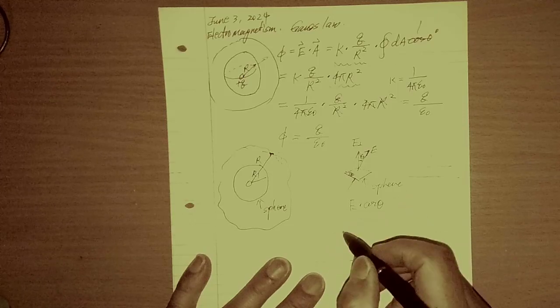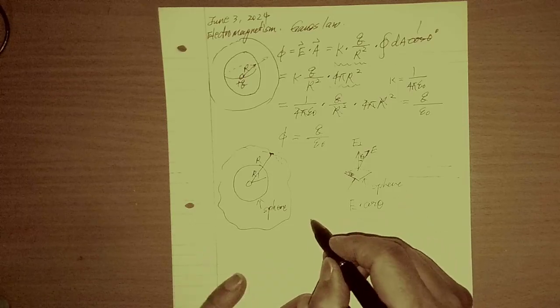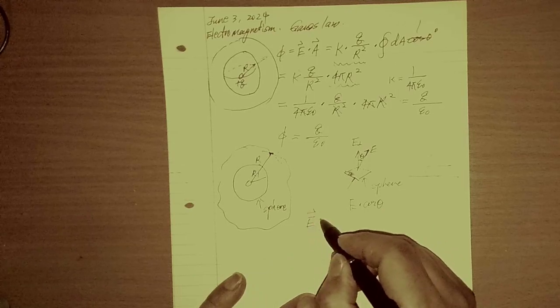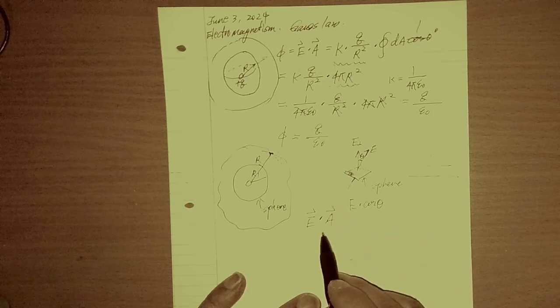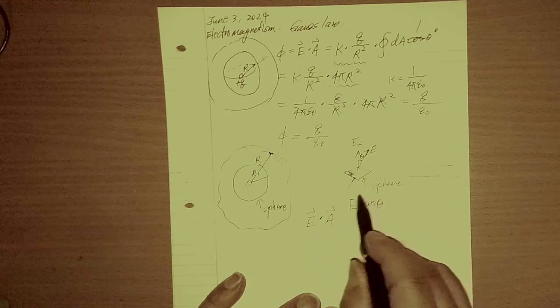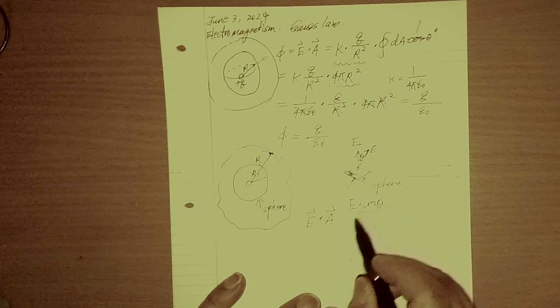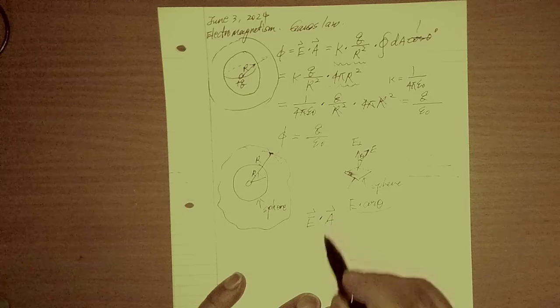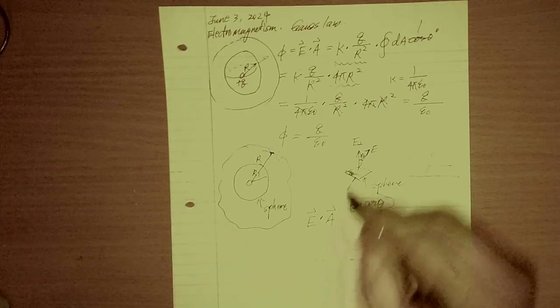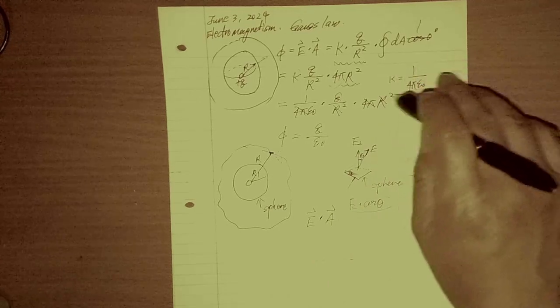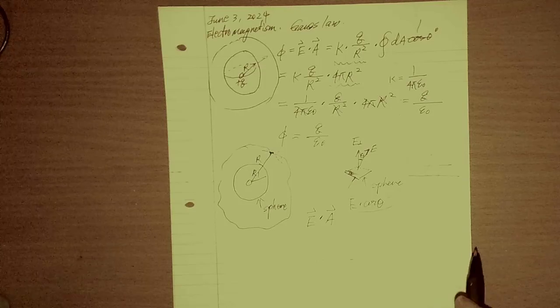So if we find E dot A, we can view this as the perpendicular components with the little area dA, and then we combine them together based on what we derived right here.